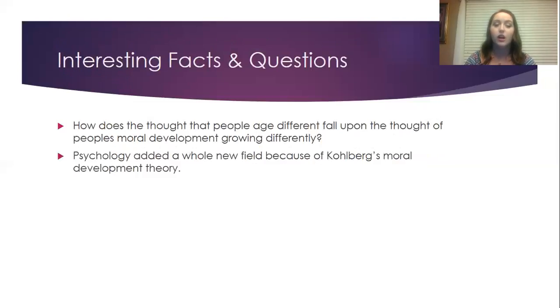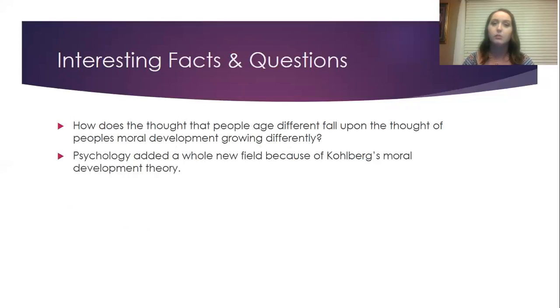An interesting question I thought about, and a lot of others when I did research on it, was, since we say people age differently, how does that fall upon the thought of people's moral development growing differently?